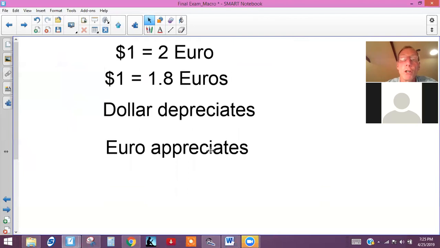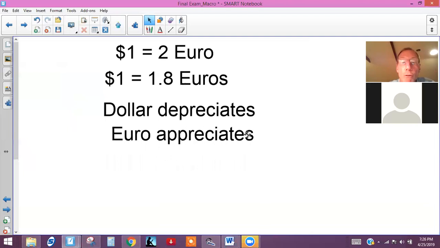If the euro is appreciating. If the U.S. is importing from Europe. More expensive? More expensive, yeah, because the euro is more expensive.